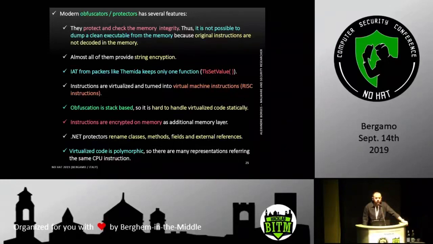When I handle .NET obfuscators, most of them rename classes, methods, fields, and external references. Obfuscators like VMProtect are polymorphic. In this case, one function can be turned into several different functions each time.